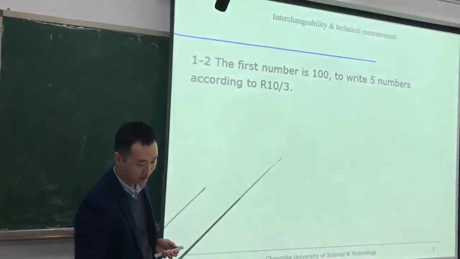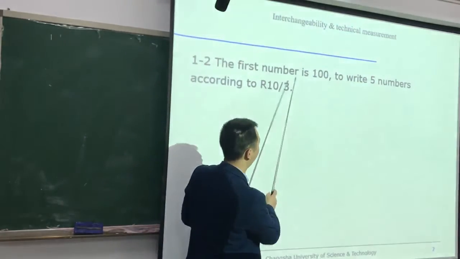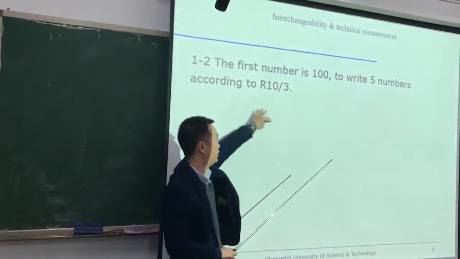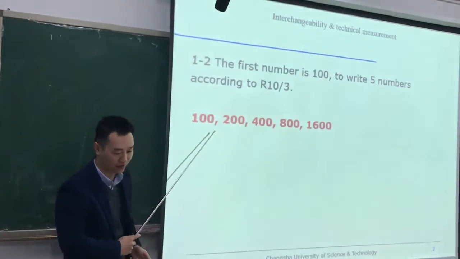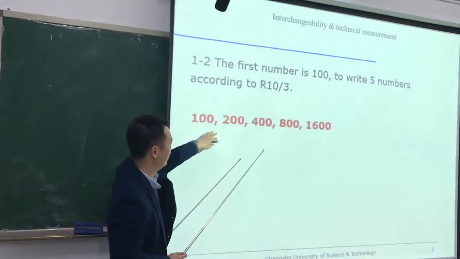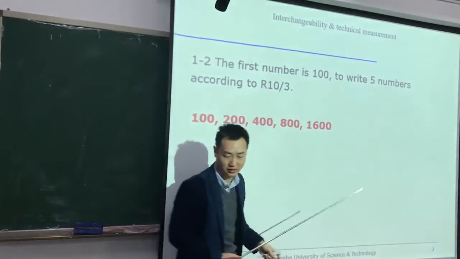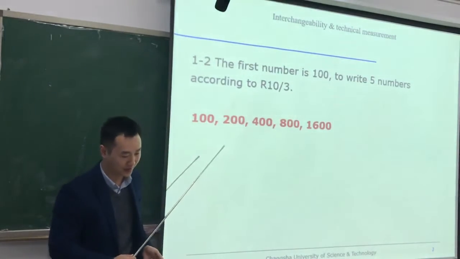Just look at the R10 series, and for every 3 preferred values, we choose 1, and you will get the answers. The answer is 100, 200, 400, 800, and 1600. That's exercise 2.